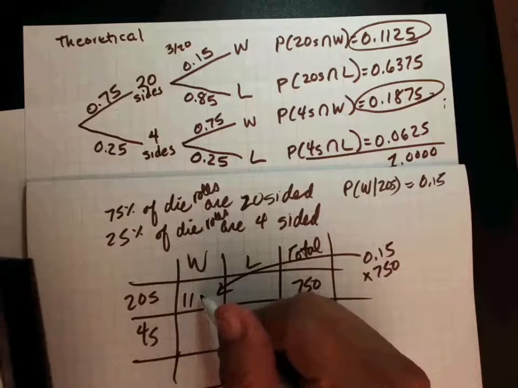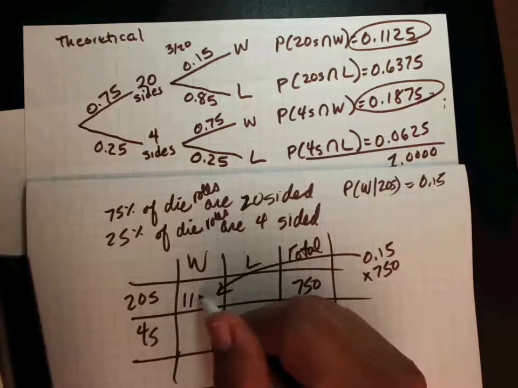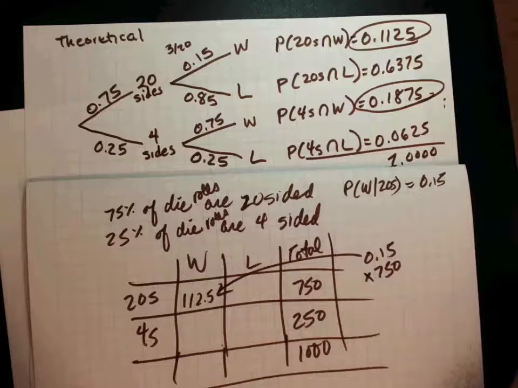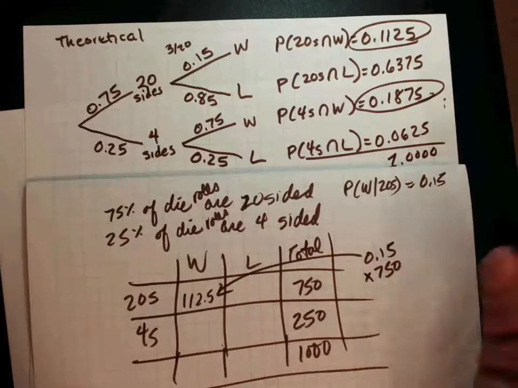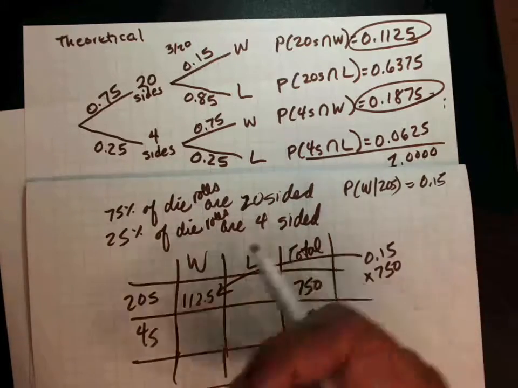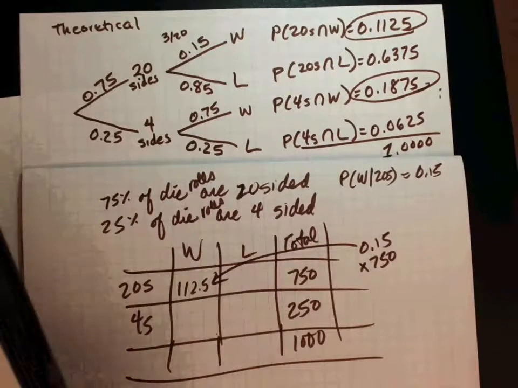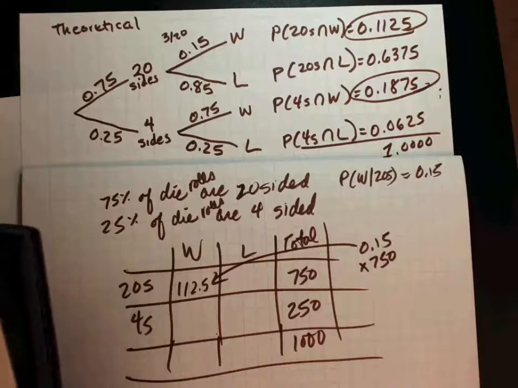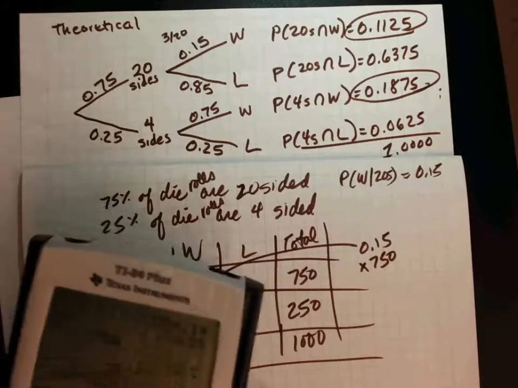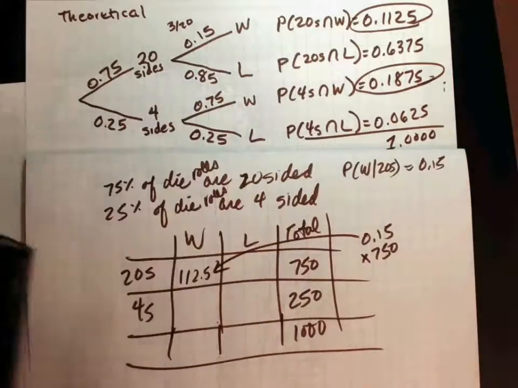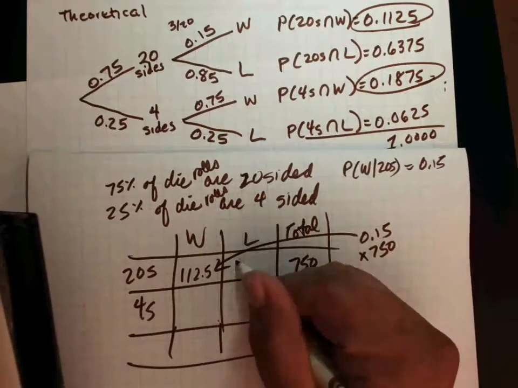Now if you round here where it's at least 3 digits long, it's probably okay. I'm going to go ahead and keep the 0.5 because this was theoretical anyways, and I'm not going to give them the actual number of rolls. So my decimal numbers are fine. Which means the rest of the 750 rolls were losses. 750 minus 112.5 is 637.5.